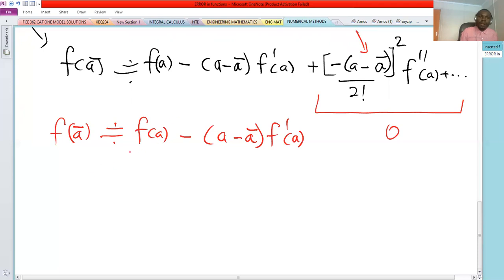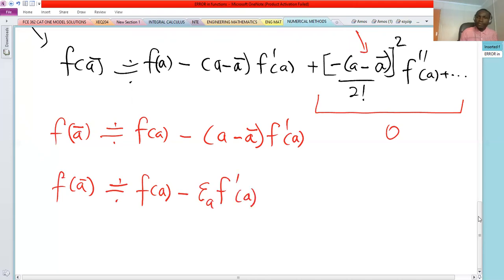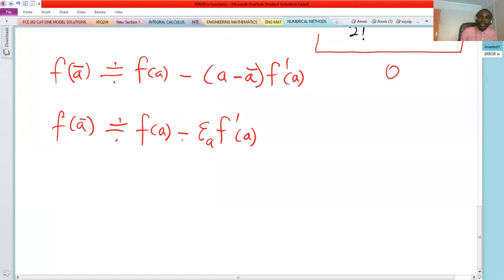We can rearrange this by making it the subject: the error in a times f prime at a is approximately equal to f of a minus f of a bar.